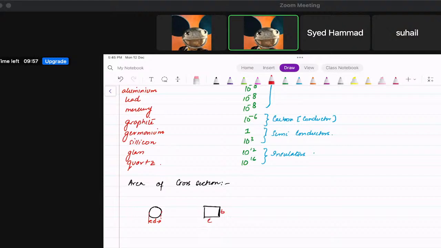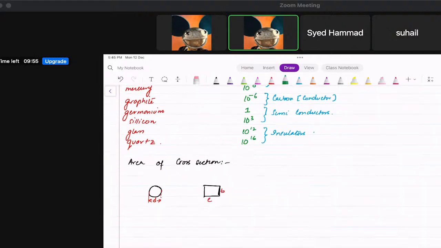The formula usually is pi r squared, but generally in ratios we use pi by 4 d squared. That's the formula for area of a circular cross section. For a rectangular one, it's pretty simple: just multiply length into breadth.